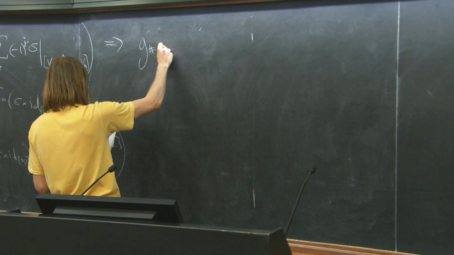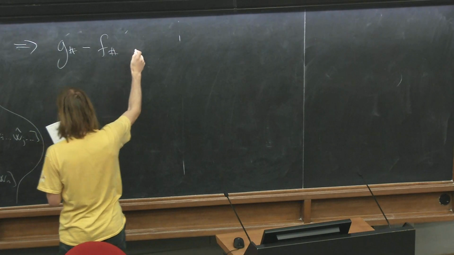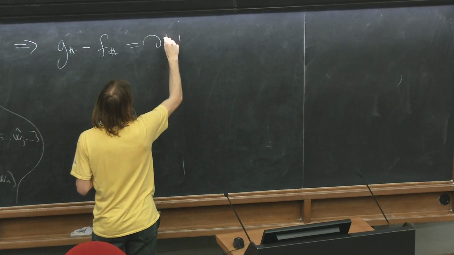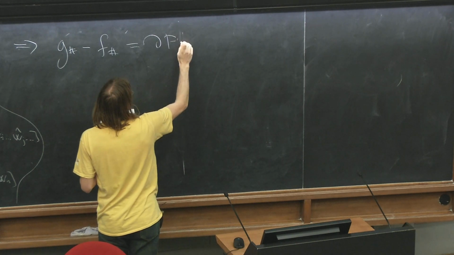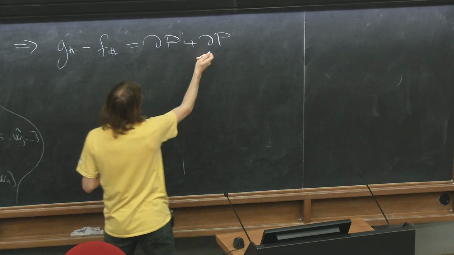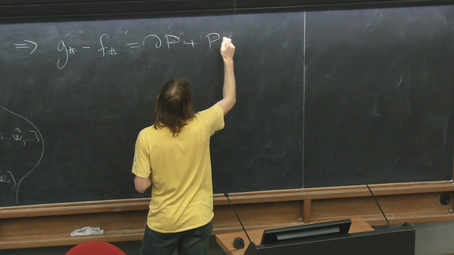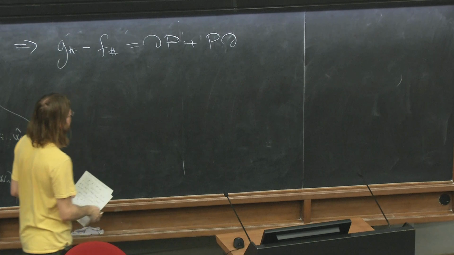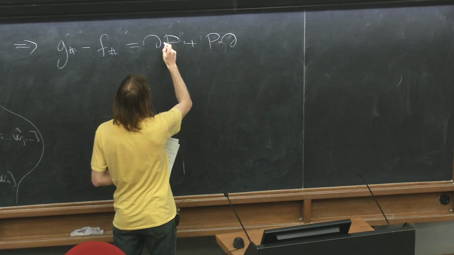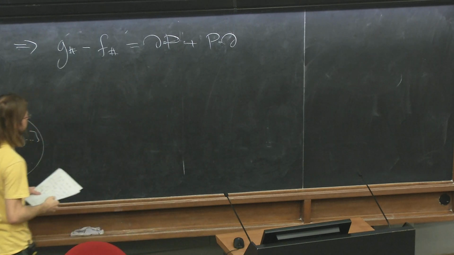You can rewrite it in this way: the difference between G sharp and F sharp is equal to this sum of compositions of the prism operator and the boundary homomorphism in different orders.